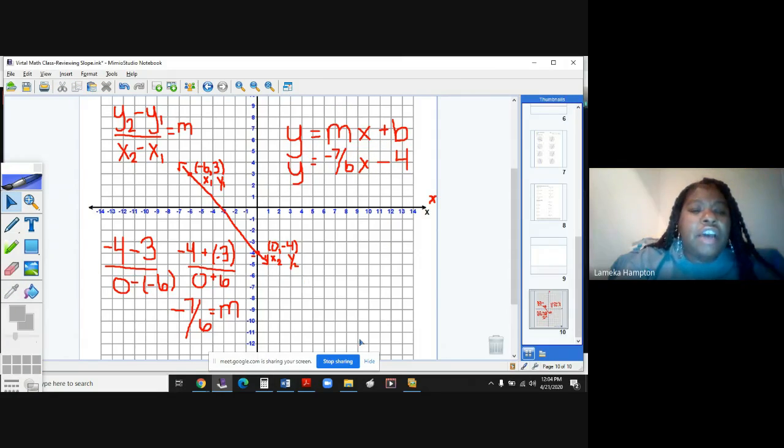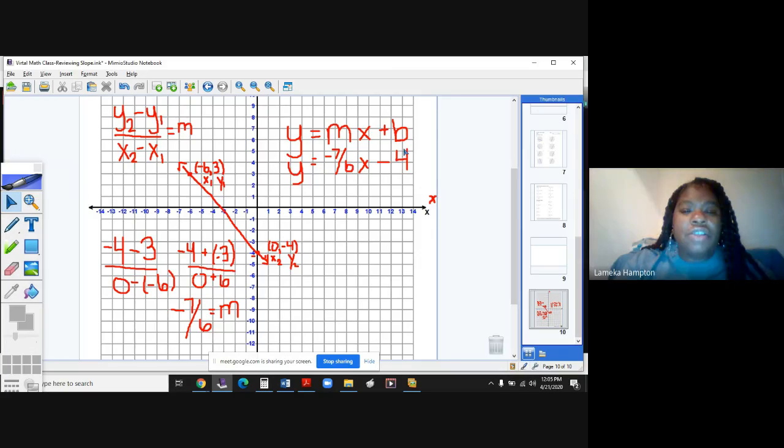All right. So now, how did I find my B or my y-intercept? Remember, your y-intercept is where the line crosses at the y-axis. That is so important to remember. Remember, your y-axis is the vertical line. It goes up and down. So you're simply just going to look: my line crosses at 0, -4.